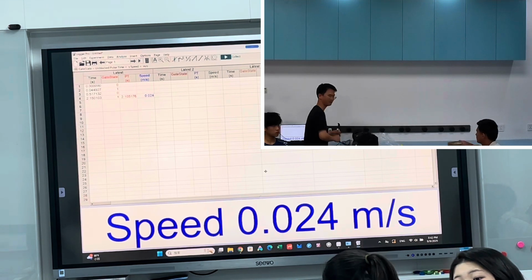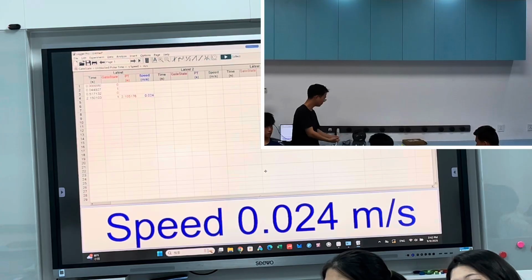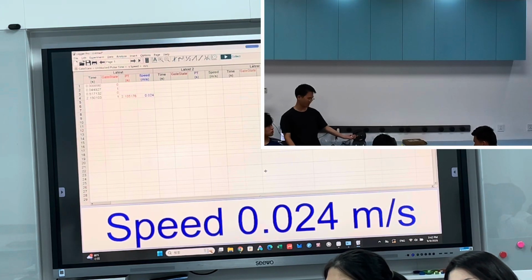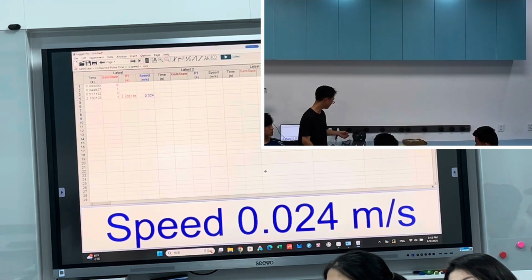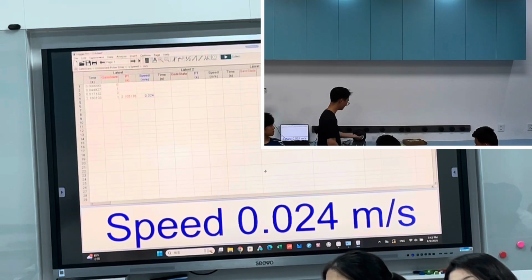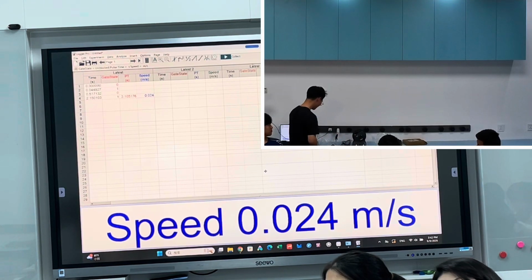I have a pump where I can pump air inside so that it will use the pressed air to push the projectile outwards. We can adjust the angles here. Right now I want it to be, let's say, 30 degrees, so I put it here, okay?